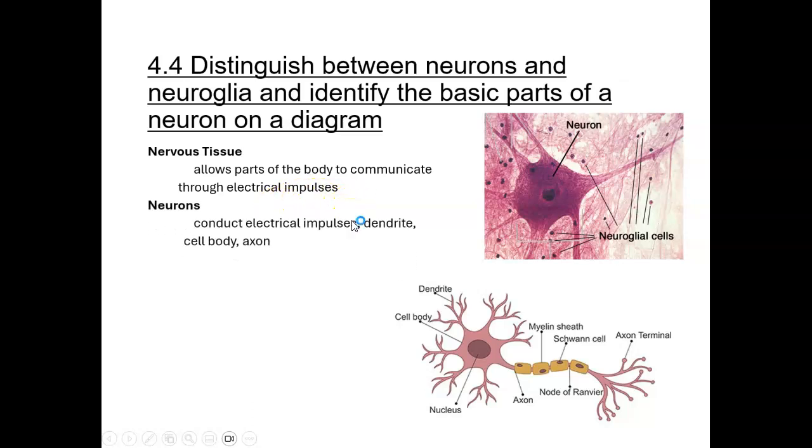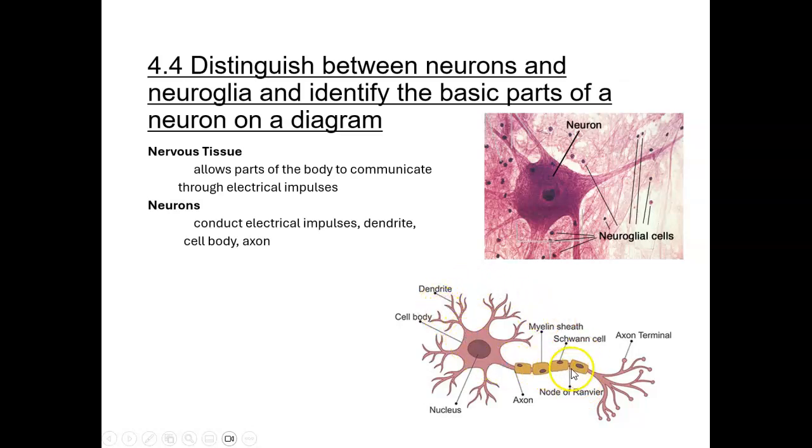And there's two different kinds of cells in nervous tissue. There are two big groups of cells. There's neurons, and the neurons are the actual cells that conduct electrical impulses. And if you look at, here's one that you could see under your microscope if you were in a live class, but here's a cartoon of that same cell.